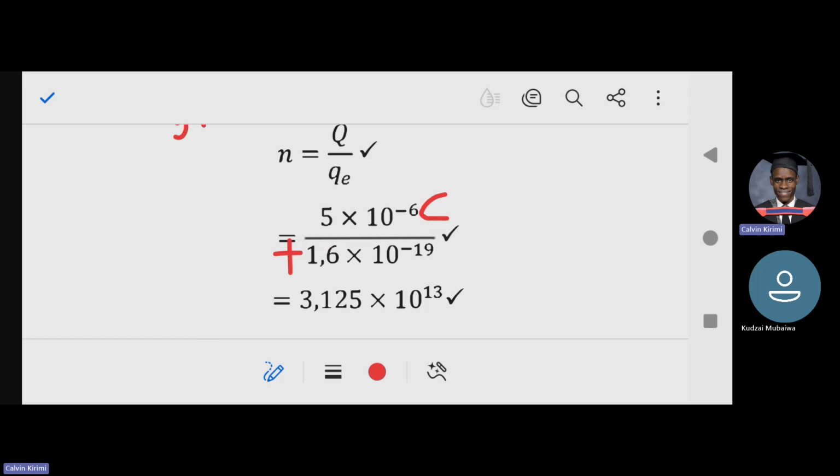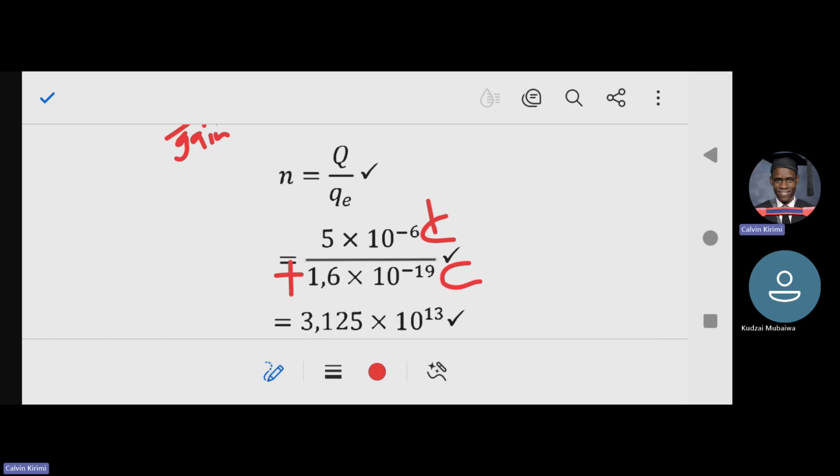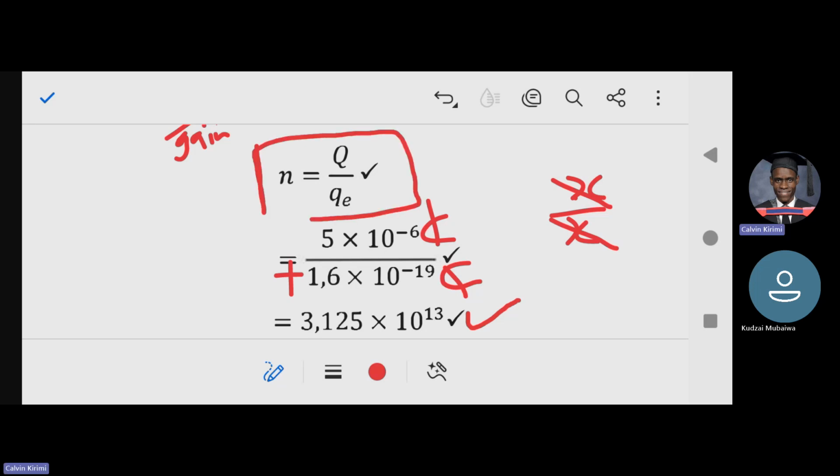The charge for each electron is this. So the units cancel out, the numerator and the denominator. You have done exponents. If there's an x on the numerator and an x on the denominator, what do you do? Cancel out. That's why the number of electrons that were transferred is represented by this formula.